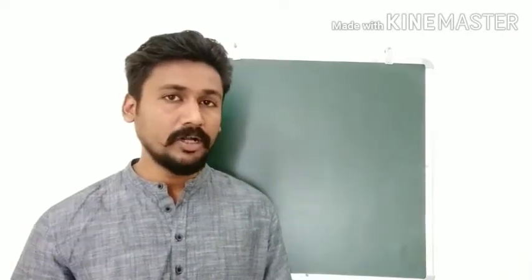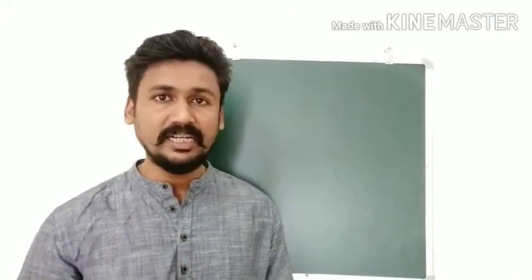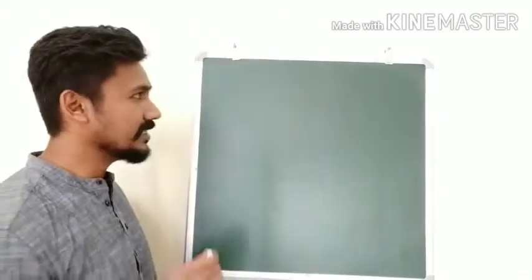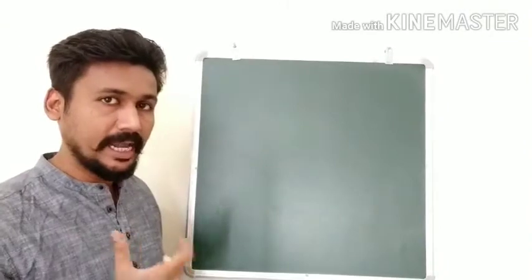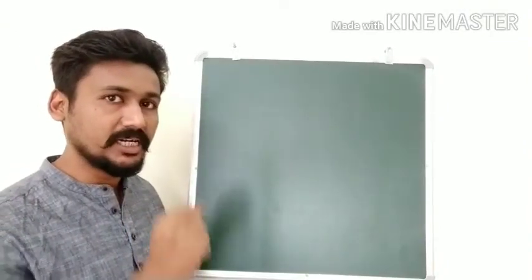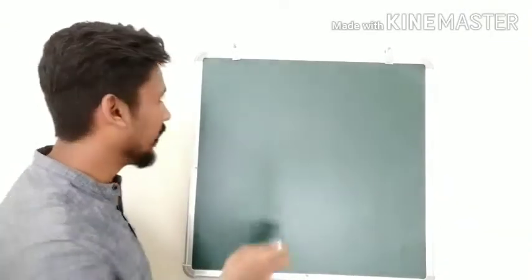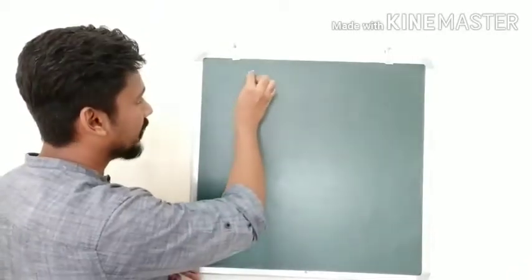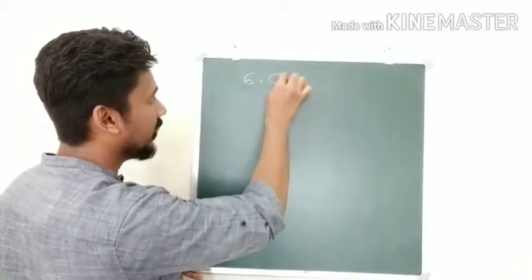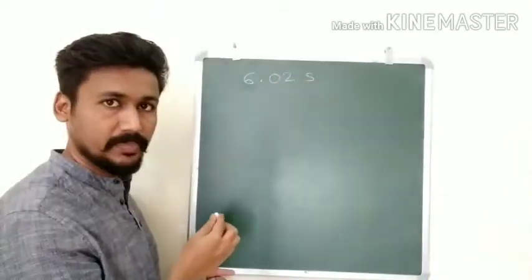Okay, so let's begin. First, we will talk about the concept of significant figures. Now, what are significant figures? Let us say, for example, we are using a stopwatch, and using the stopwatch, we have measured the time interval of an event, and we have found out the time interval is, let us say, 6.02 seconds, right?